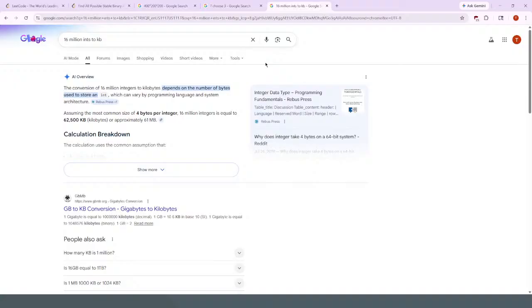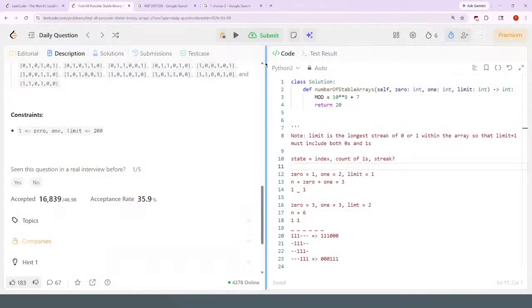So it's 61 megabytes at most. For each index, for each count of the number of ones up to now, for each streak count. I think it would work. It's probably going to be very slow.